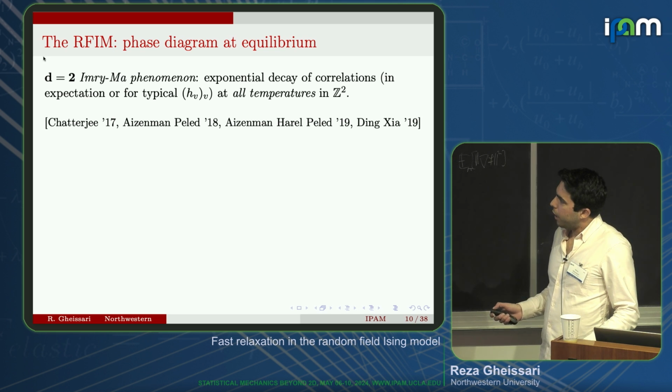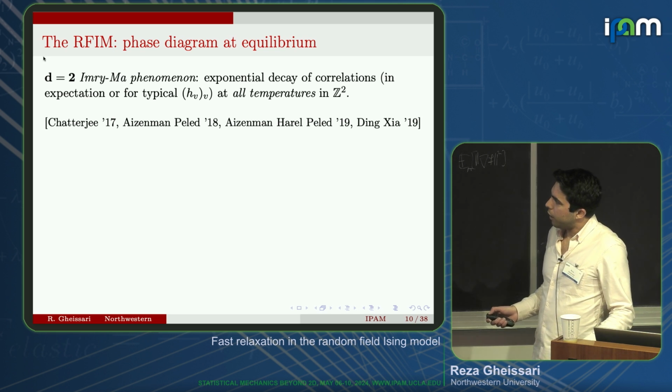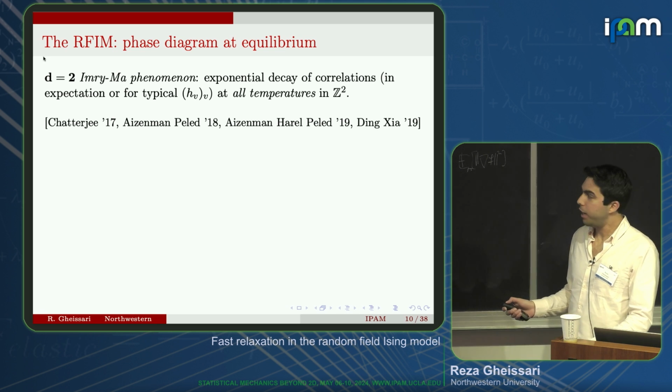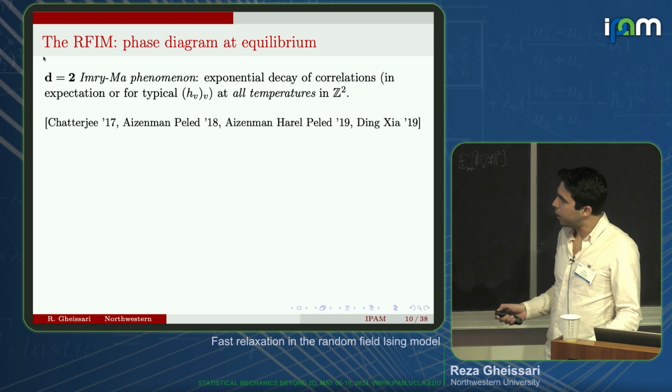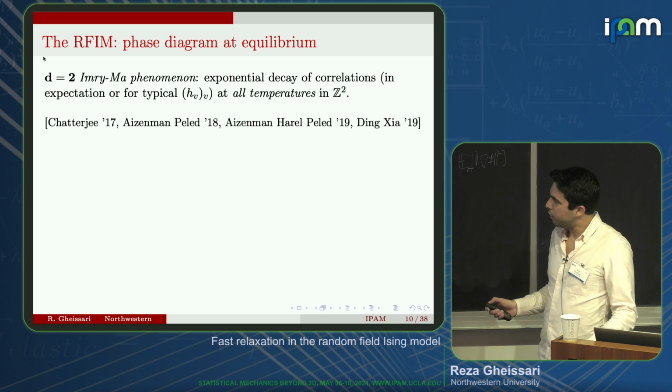So in 2017, Sourav Chatterjee proved some kind of quantitative decay on the rate, and this led to a sequence of works, and I guess I'll mention the culmination of this, which is the work of Ding and Xia, and also Aizenman, Harel, and Peled.